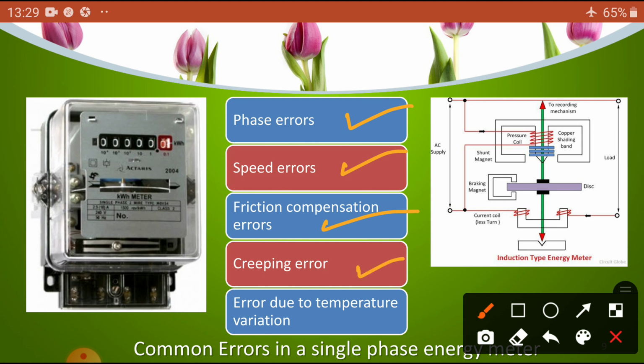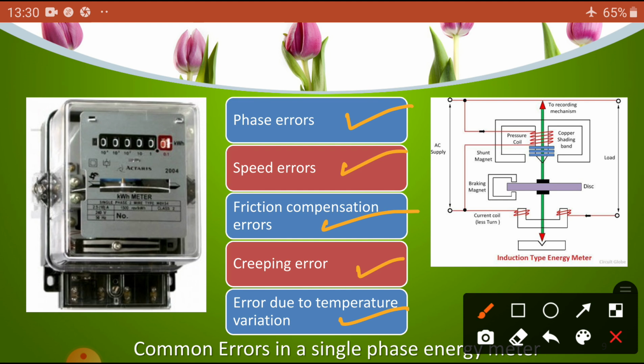And creeping error. Creeping error means that without any load, the disc will rotate. And lastly, error due to temperature variation, because the meters are exposed to atmospheric conditions. In winter, in summer, in rainy season, so what will happen?